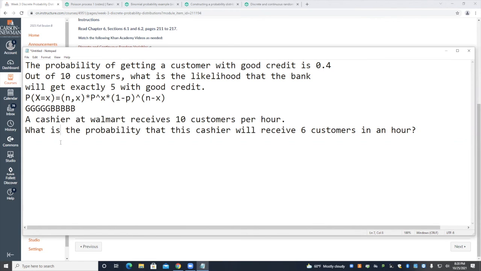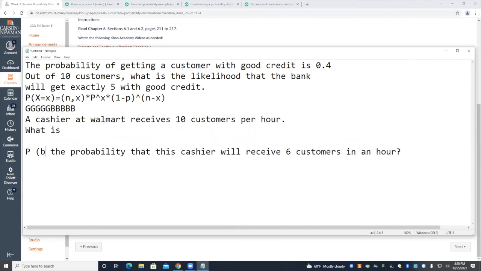Okay, so probability of brown and tall. Does everybody follow that? You can just multiply the probabilities.